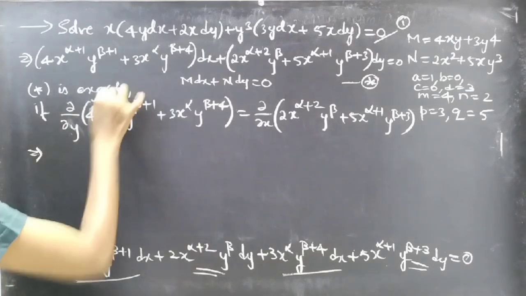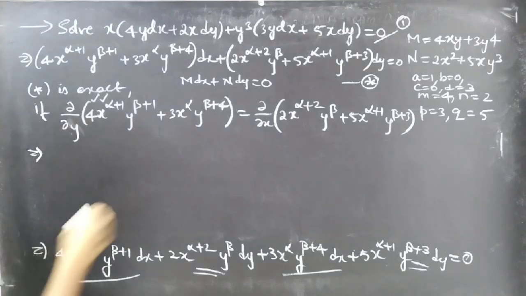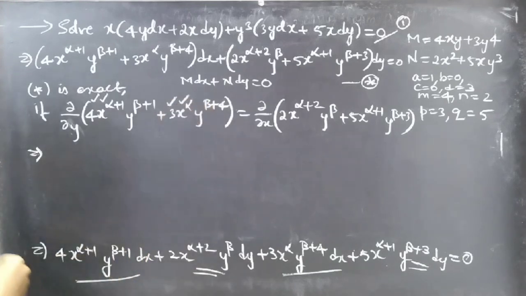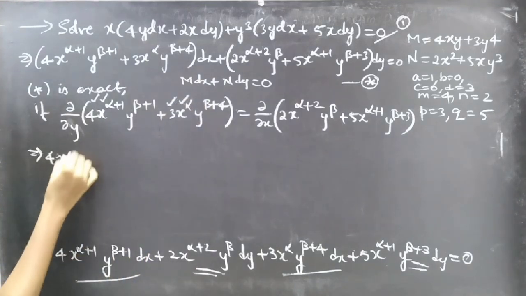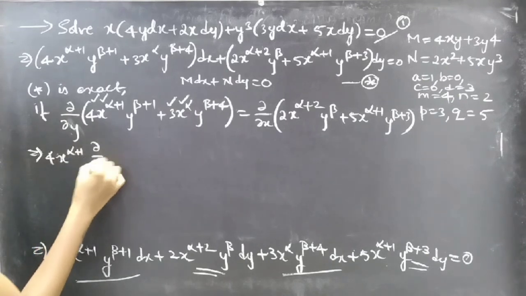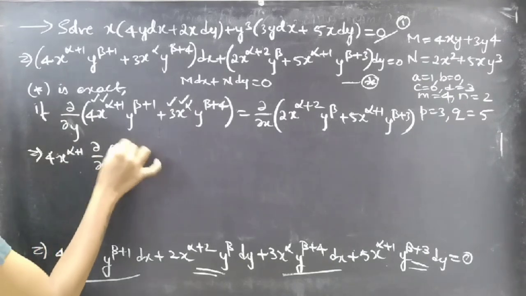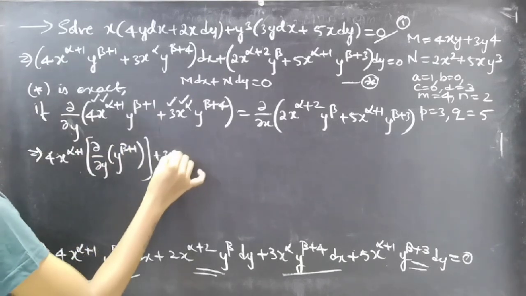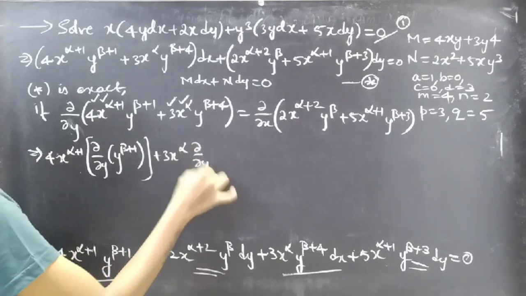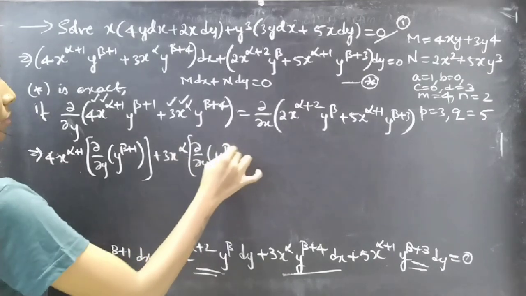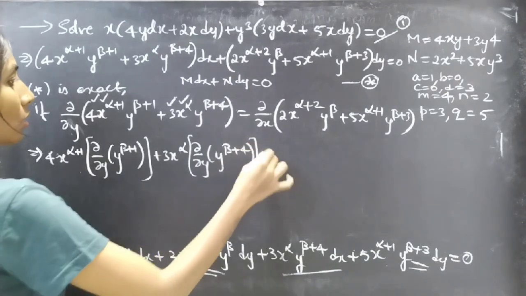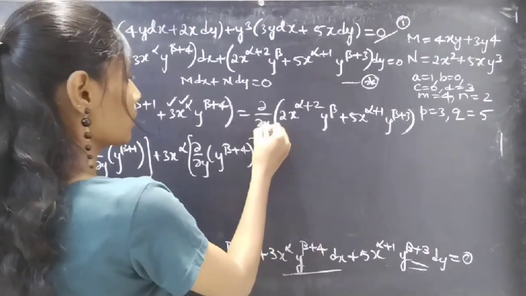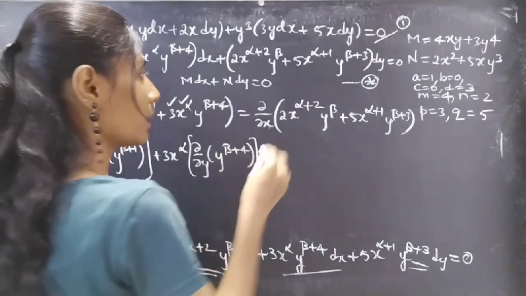In the first term 4x^(α+1) is constant, in the second term 3x^α is constant, so we'll get 4x^(α+1) into partial derivative of y^(β+1) plus 3x^α into partial derivative of y^(β+4) equal to, in the RHS we need to find partial derivative with respect to x, so here y is treated as constant.